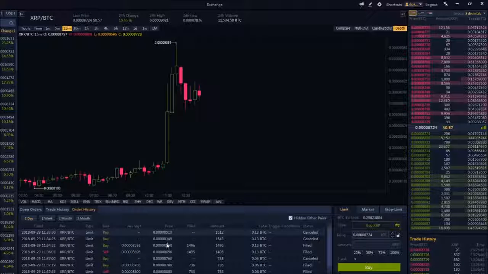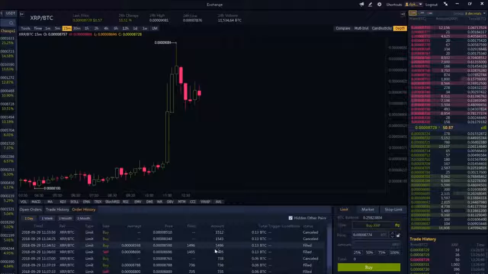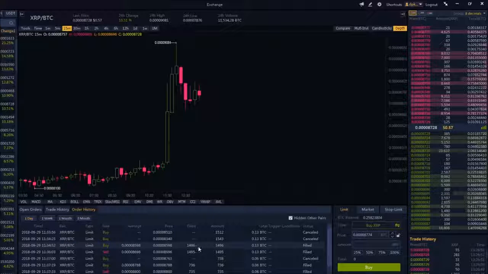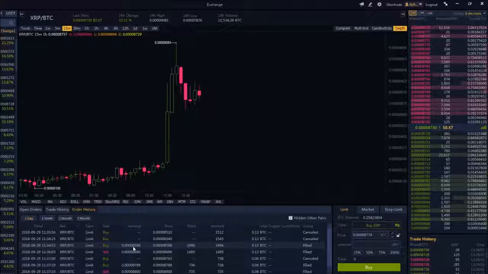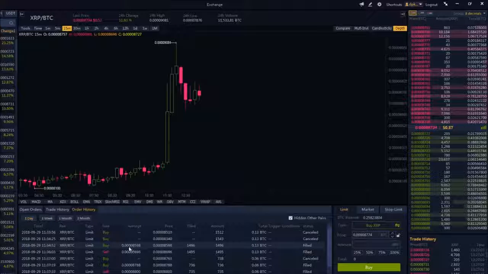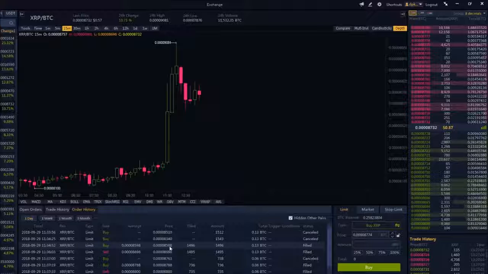So you can see that I bought there. I bought 1,496 XRP tokens. I bought them for 8598, or 0.00008598 Bitcoin. That was per XRP token.